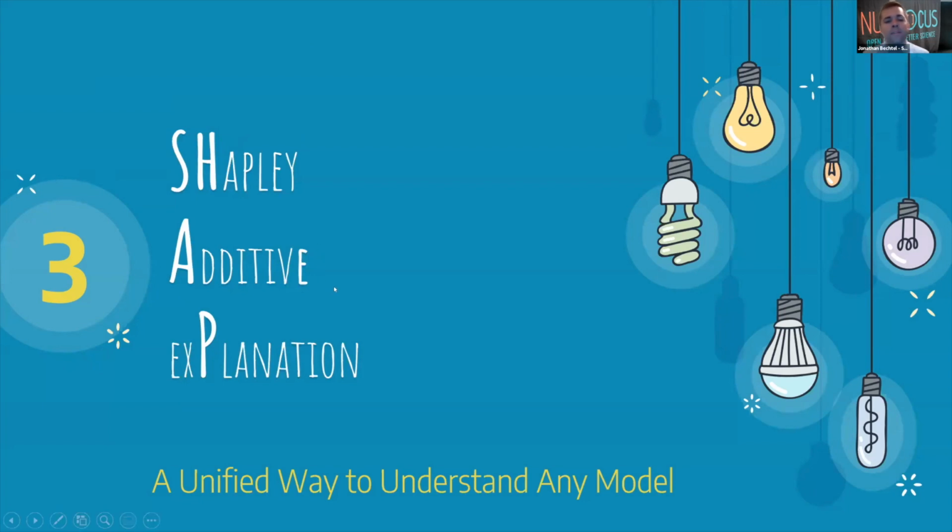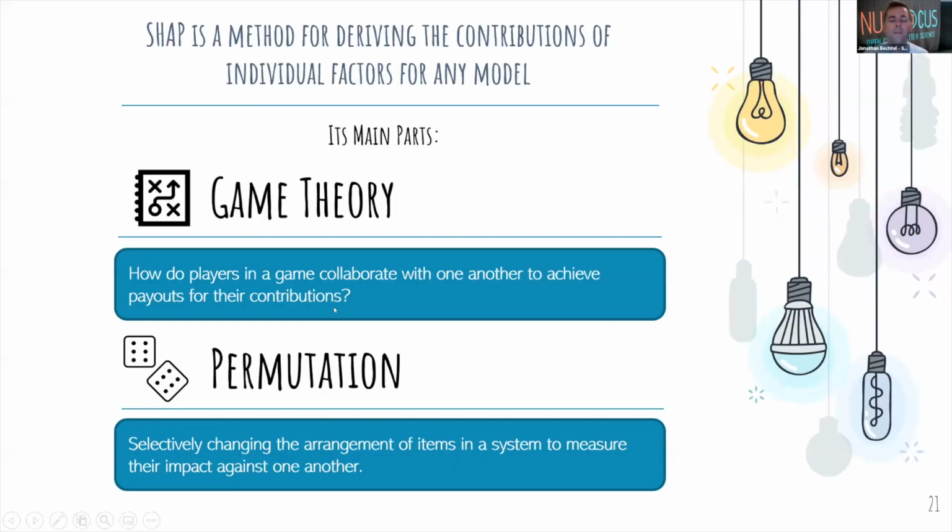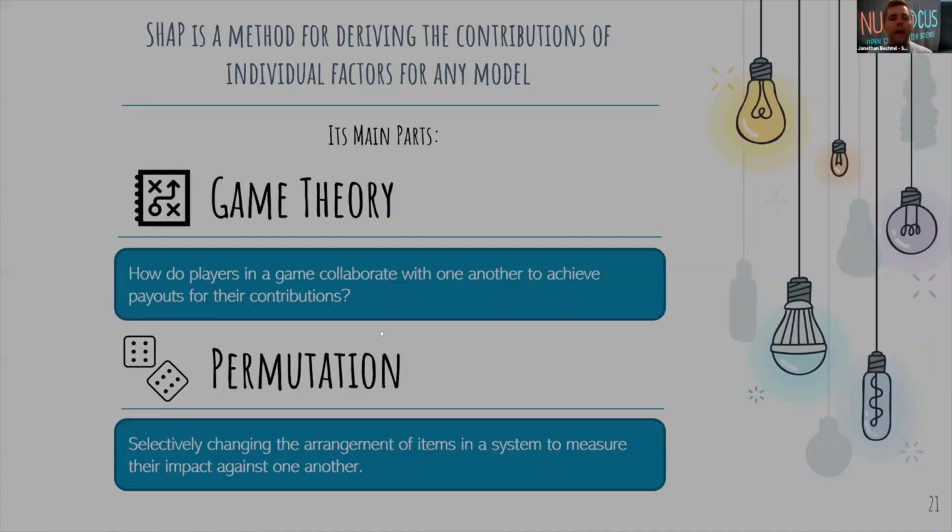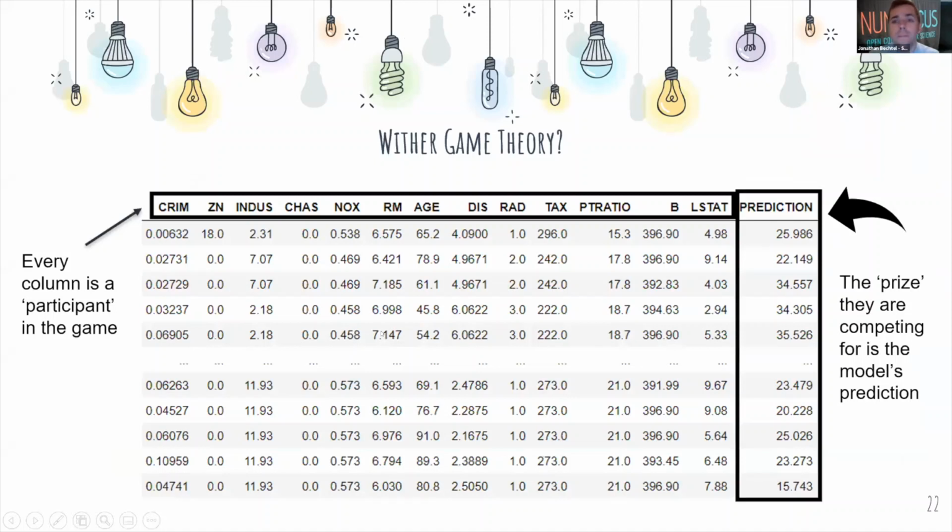That sounds vague, particularly when it comes to ML or data science, but the way you would frame this in terms of a model is that the players in our game are the individual columns or features within our data set. Here we're looking at a tabular data set.